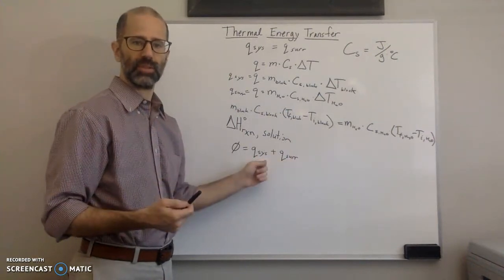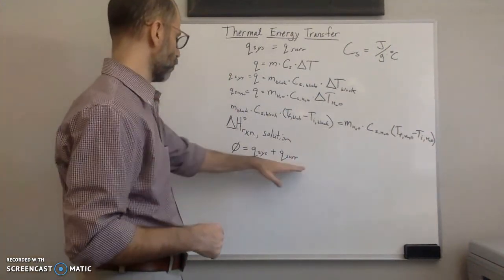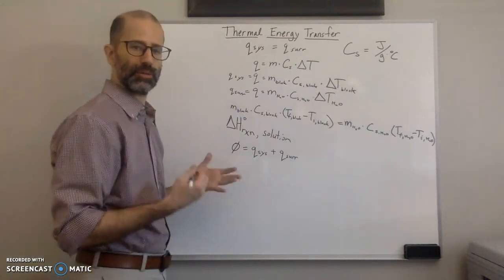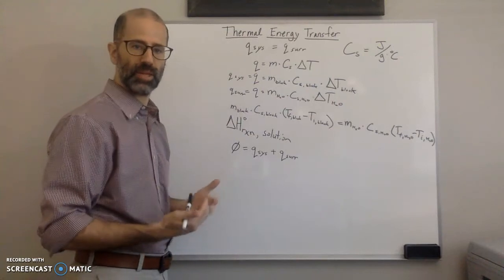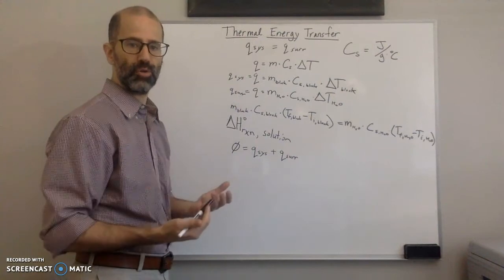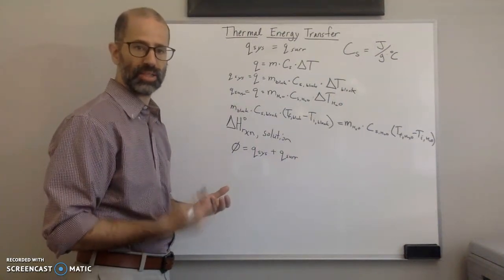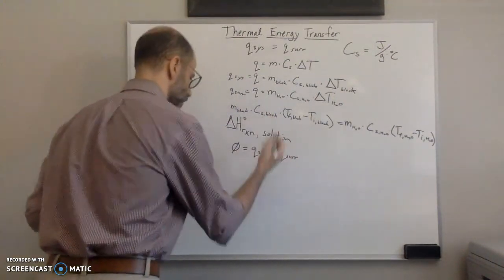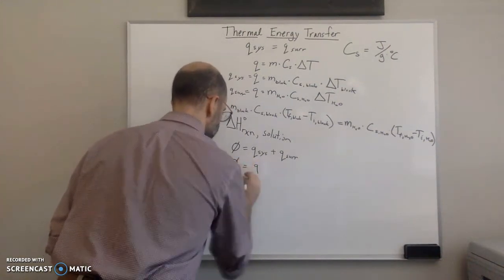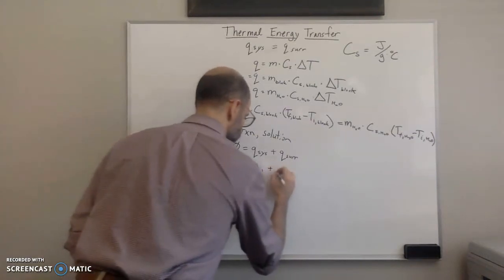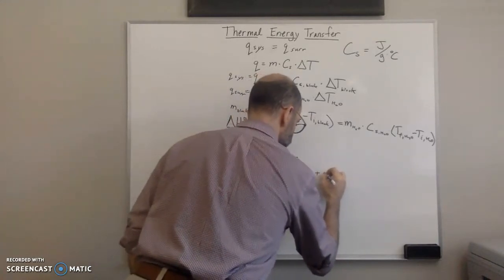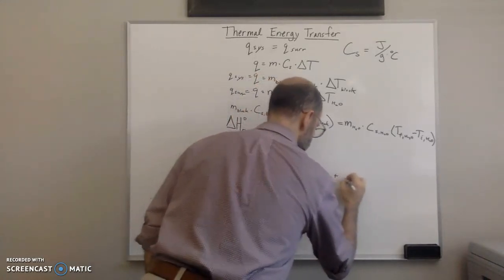One's going to be negative, one's going to be positive. And so if you write it this way, then all you need to do is remember what your different Q values are, because certain things are going to be absorbing heat, certain things are going to be giving off heat. You don't need to worry about the sign of each one. So you could have 0 is equal to Q1 plus Q2 plus Q3 plus Q4 plus ..., right?